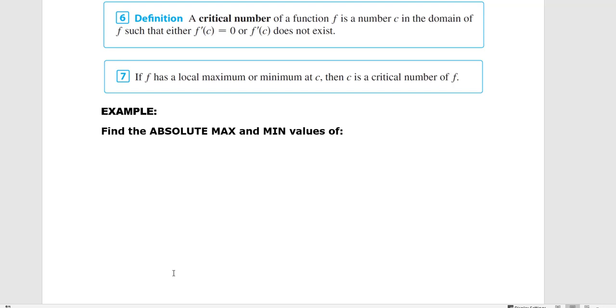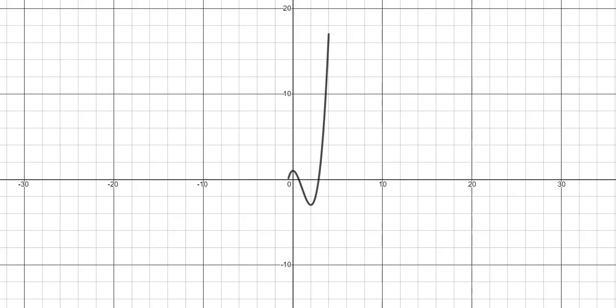Let's look at an example. Find the absolute max and min values of f of x equals x cubed minus 3x squared plus 1 on the interval of minus 1/2 to 4. First, let's take a look at a picture of this function. This is a picture of x cubed minus 3x squared plus 1 from the interval of minus 1/2 to 4.